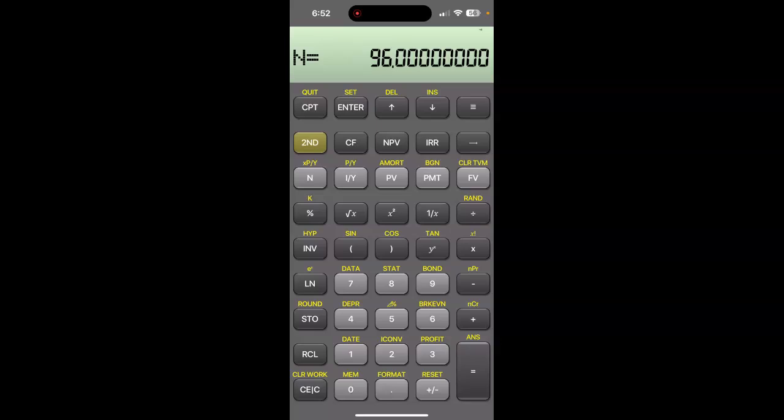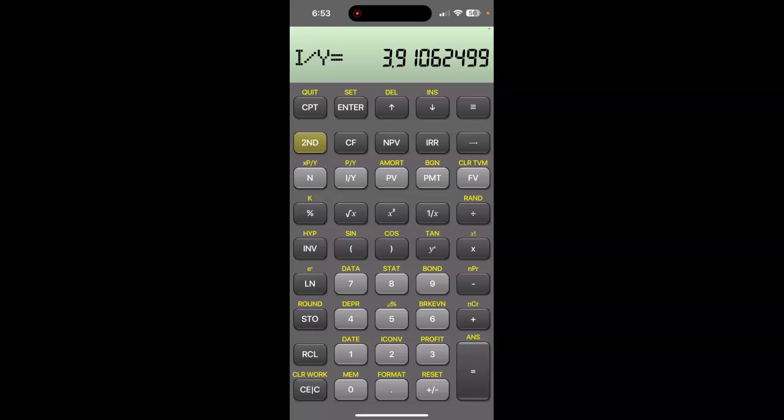Then PMT is 400, and 45,000 is future value. And 0 is present value. So compute I.